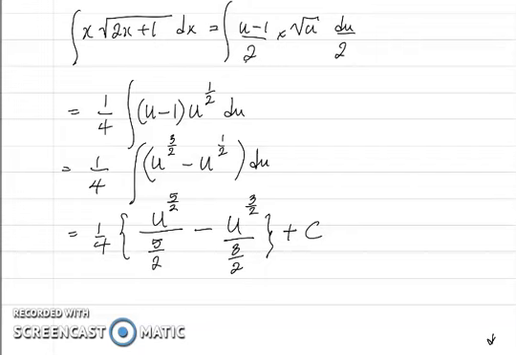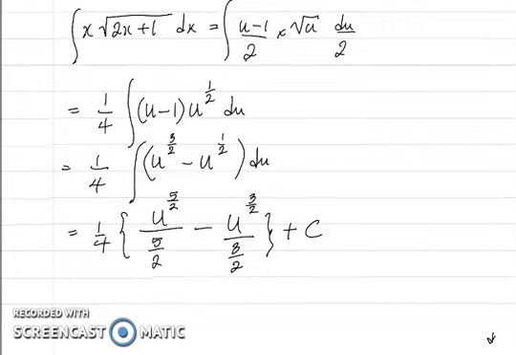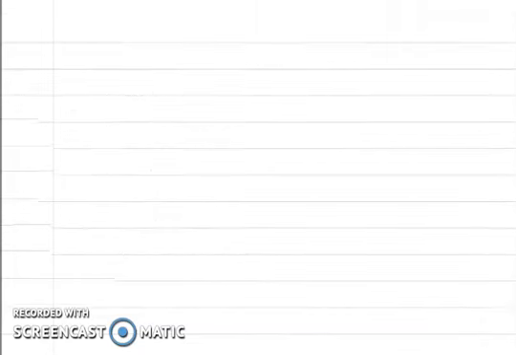All right, so let's continue on a new page. What we have now is that this is equal to a quarter. Dividing by 5 over 2 is the same as saying multiply by 2 over 5.